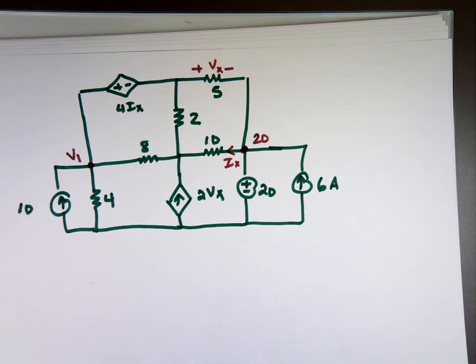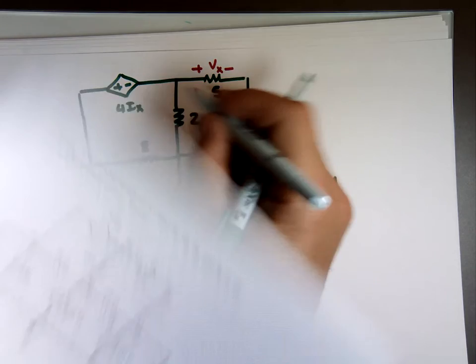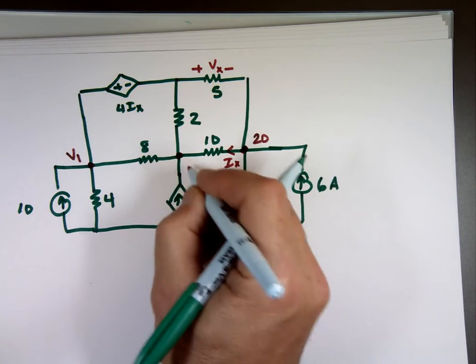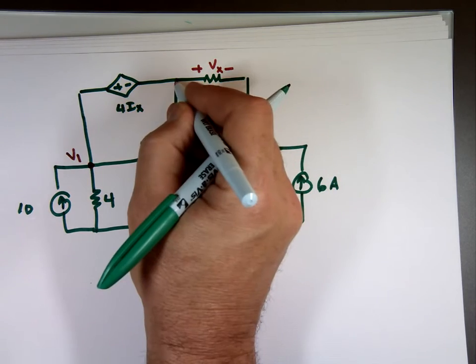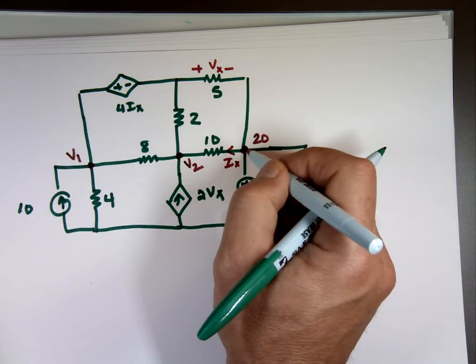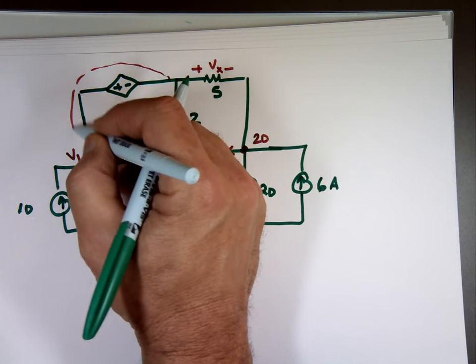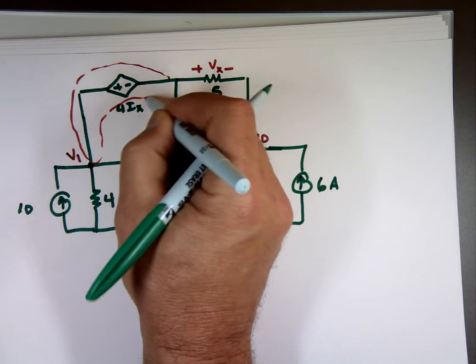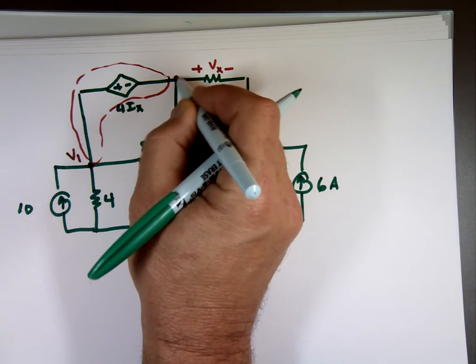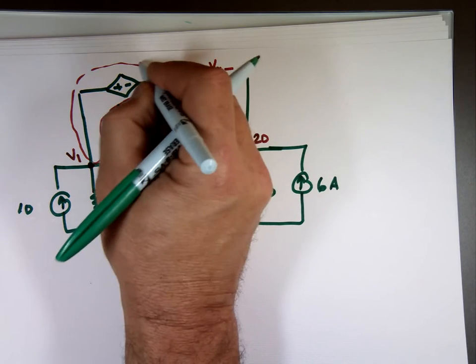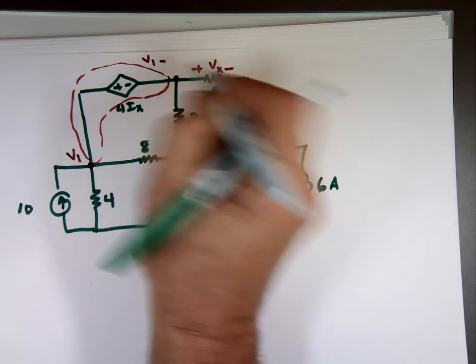And this is V2 here. They call that V3 and that V4. This is a supernode. A voltage source is a supernode. So instead of calling that a V4, I'm going to call that V1 minus 4 I sub x.